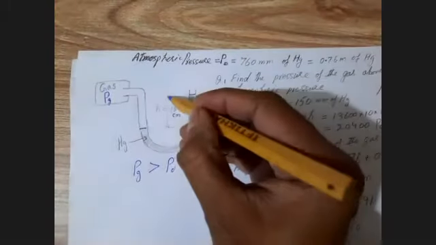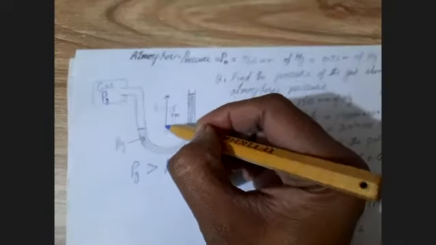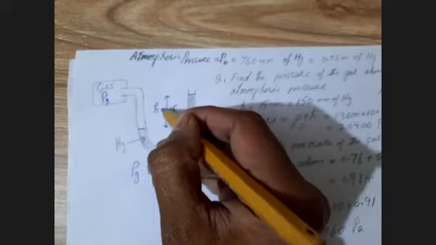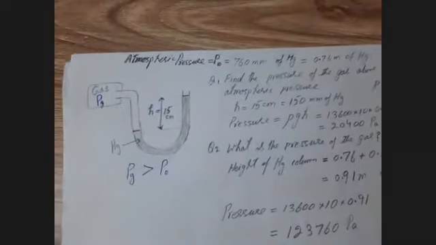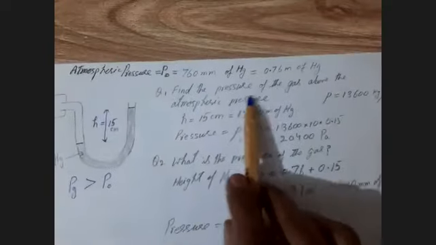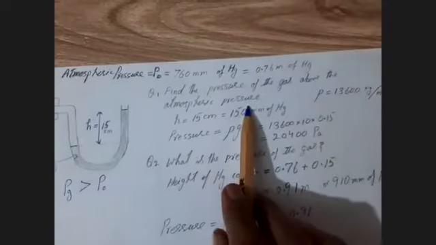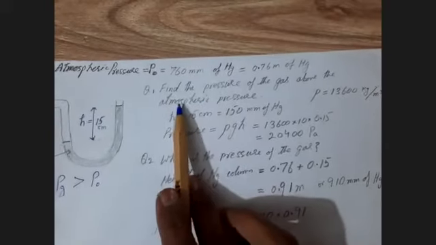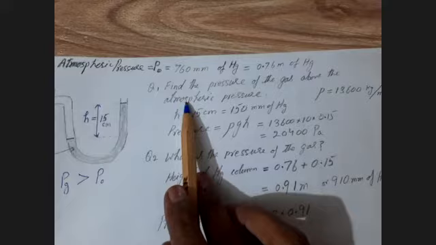Now you will have to see this difference of the level. Suppose it is 15 centimeter. Now, for example, this height is 15 centimeter. The question may be asked in such a way: if the examiner is asking to find the pressure of the gas above the atmospheric pressure, you will have to follow what he is asking.